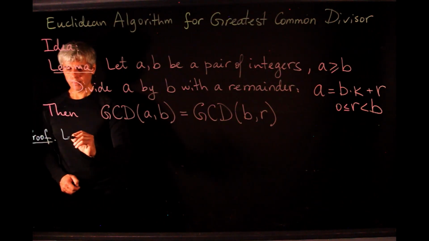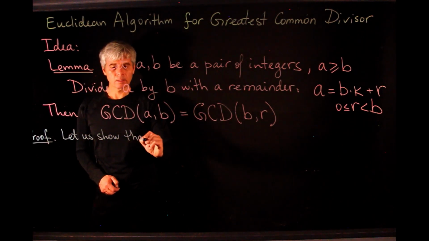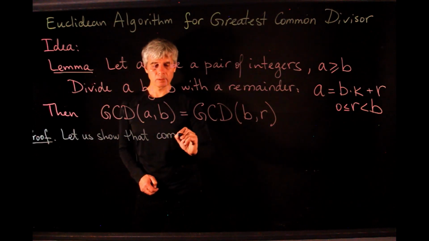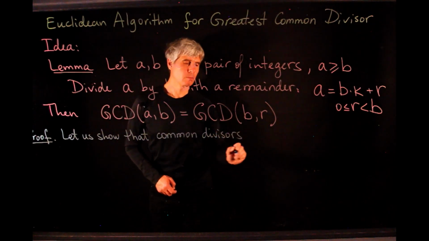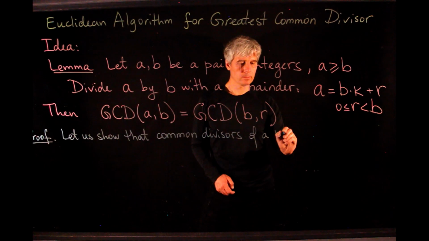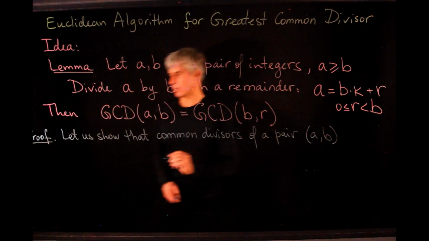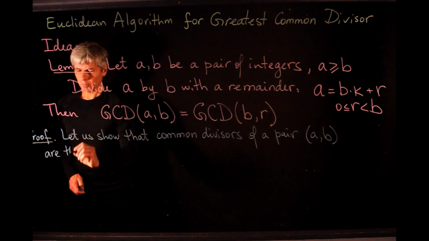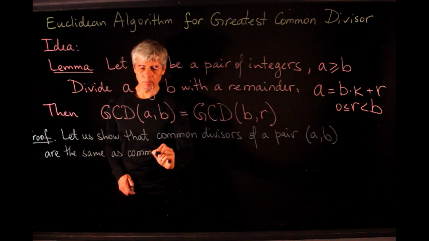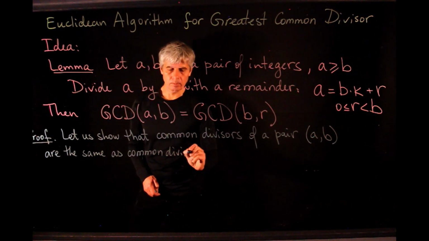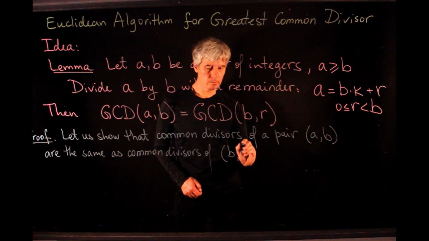So let us show that common divisors of a pair A, B are the same as common divisors of the pair B and R. Right?